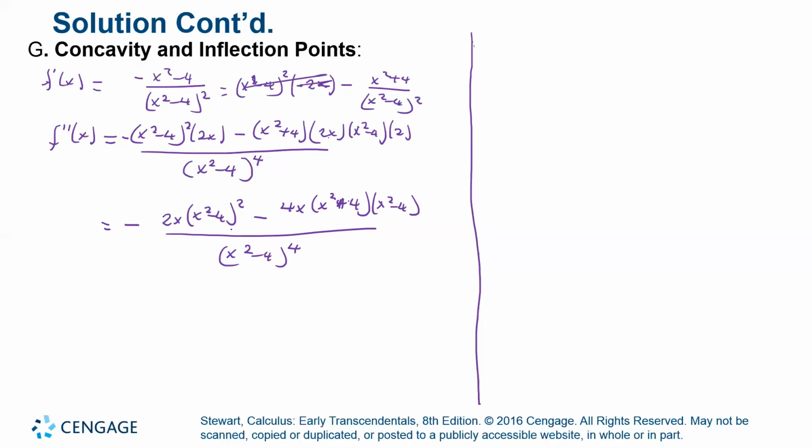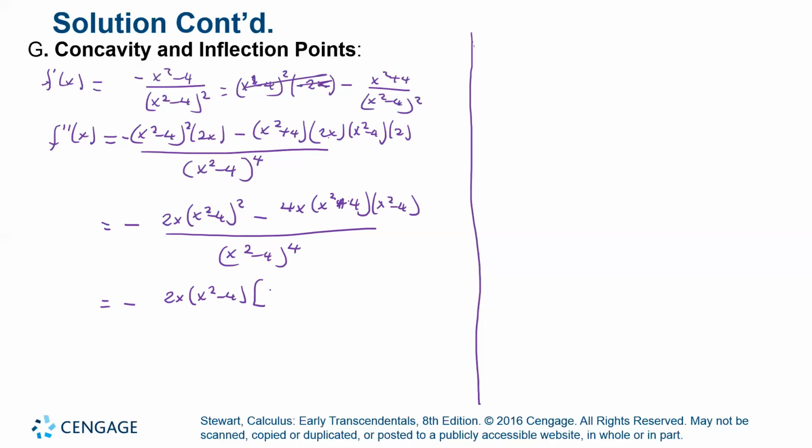So if I look at this, I can factor. The common factor in 4x and 2x is 2x, so let's pull out 2x. This is equal to this minus there, and from the numerator I pull out 2x and also x squared minus 4.